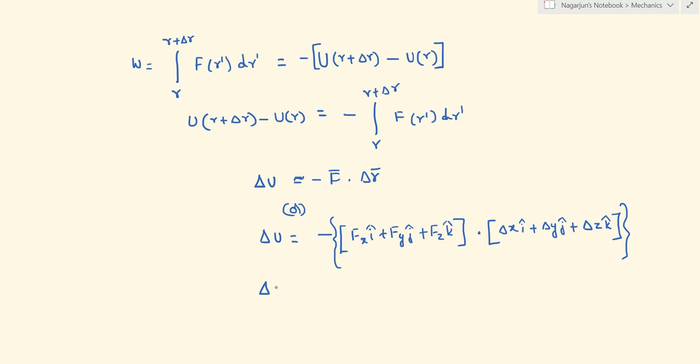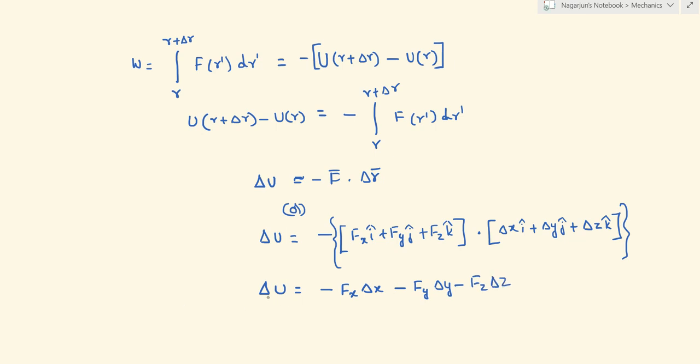So delta U can be now expressed as minus Fx delta x minus Fy delta y minus Fz delta z.